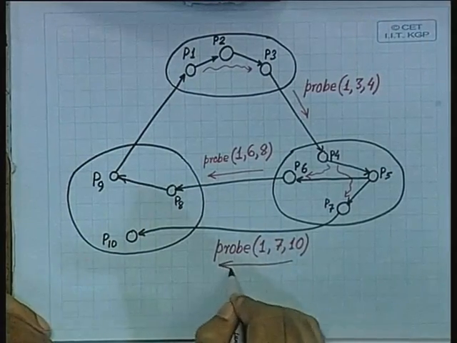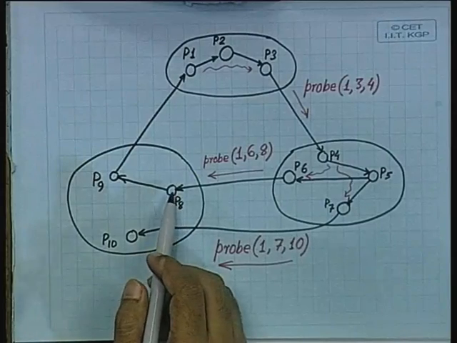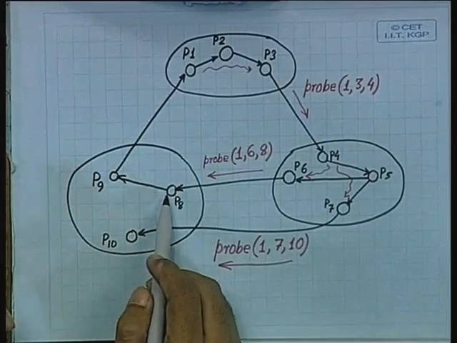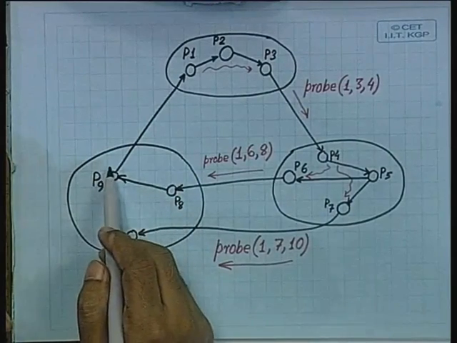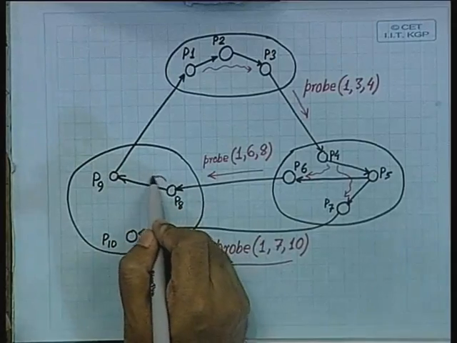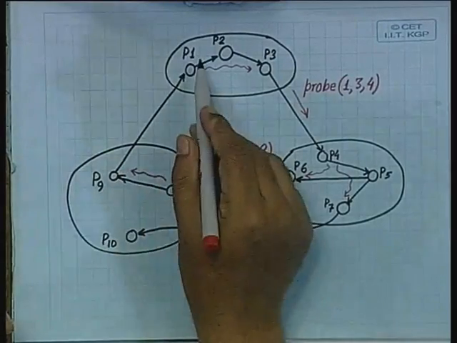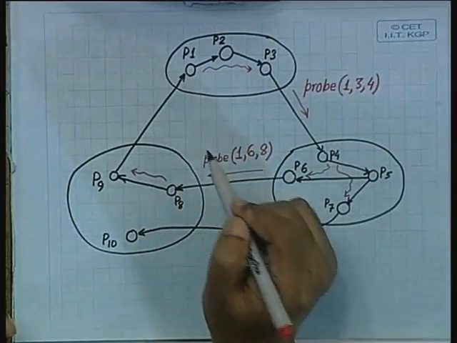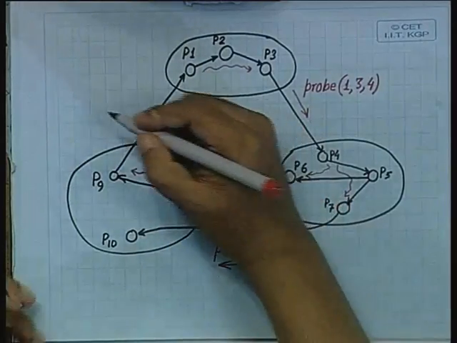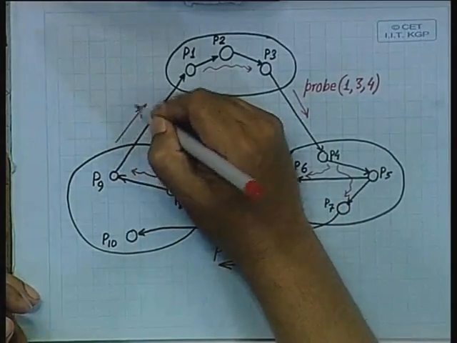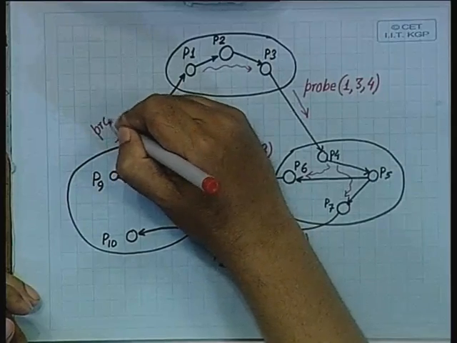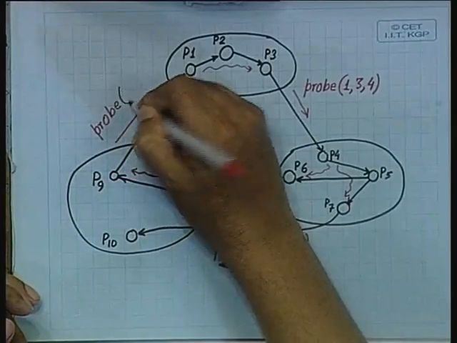And what do we do for P8? We see that there is again a dependency, okay. So, P9 is locally dependent on P8 and P9 and P1 are on two different sites. So, what it does is it sends a probe, what will it send?